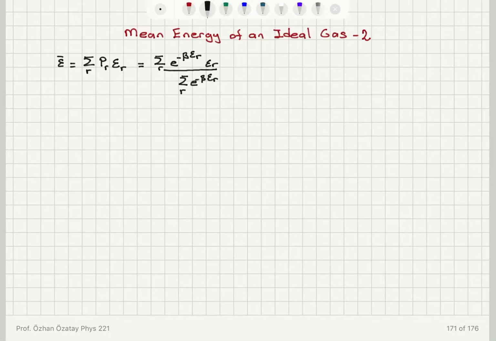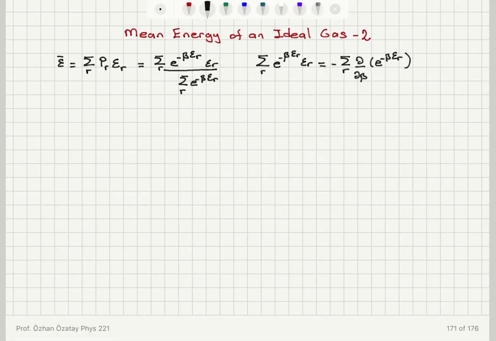And if I concentrate on the term in the numerator, I see that the summation over all possible states of epsilon r e to the minus beta epsilon r can be written as minus the summation over all possible states of the derivative with respect to beta of e to the minus beta epsilon r. So the derivative with respect to beta would give me minus epsilon r, and because I have a minus sign, this becomes plus epsilon r.